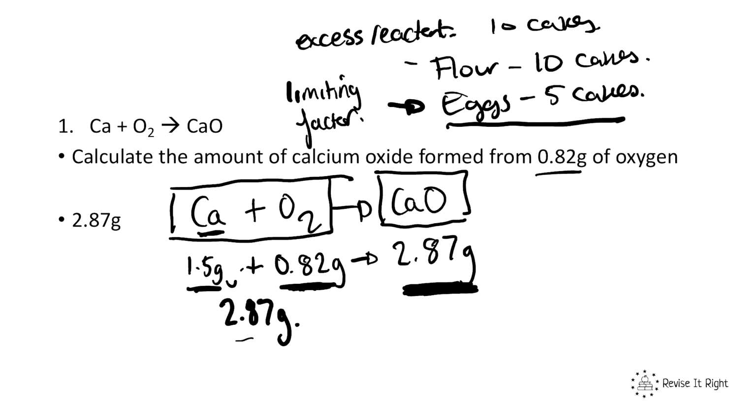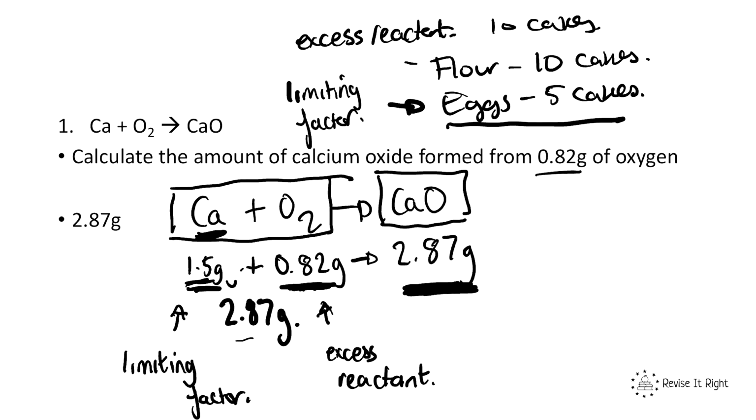So what that would mean is calcium is going to limit the amount of calcium oxide we can make, so we can call, in this scenario, calcium the limiting factor, because we're going to run out of it first. And oxygen, we've got more oxygen than we need for this amount of calcium, therefore our oxygen is called our excess reactant.